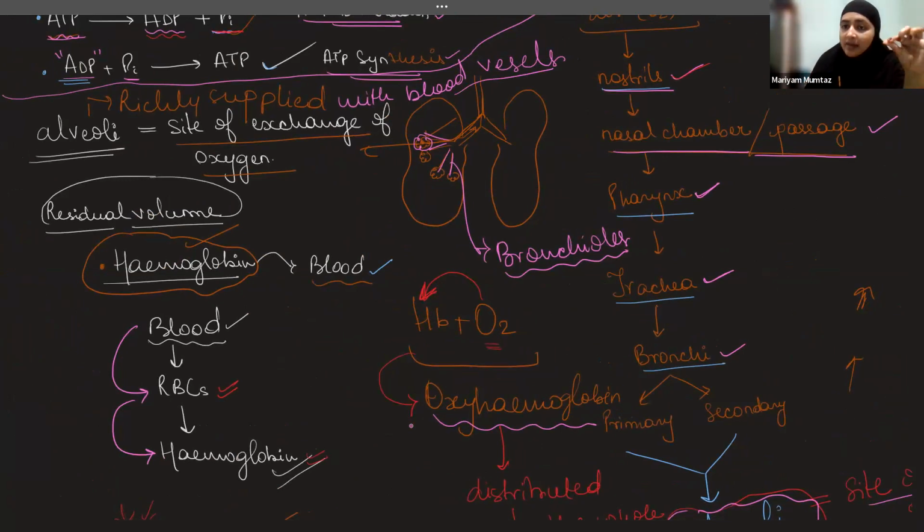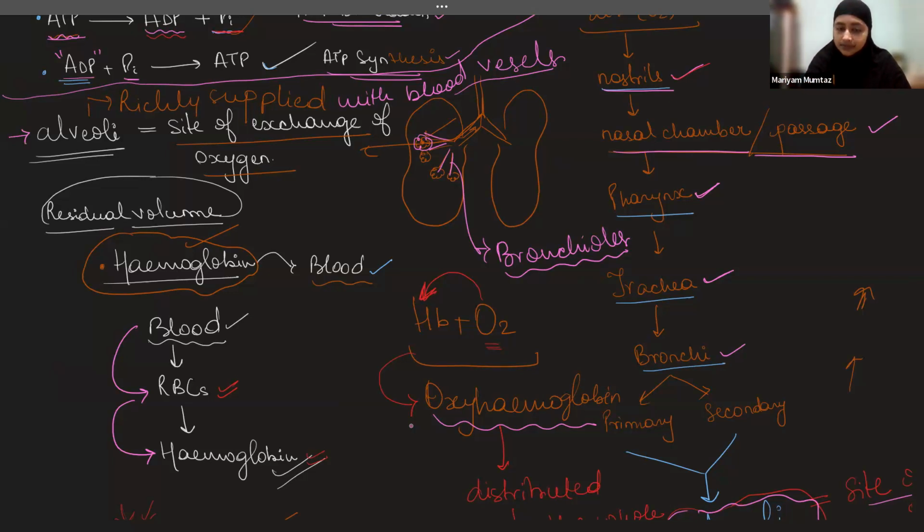Since it is surrounded by blood vessels, it is an excellent site for exchange of gases. If anything is to be exchanged, the membrane has to be extremely thin. Then only it can move from here to down there, right? Same thing happens for alveoli. Alveoli is the site of exchange of oxygen. Clear?